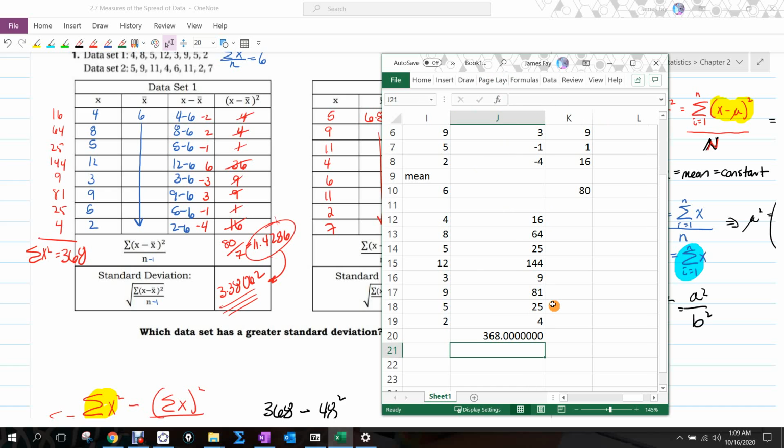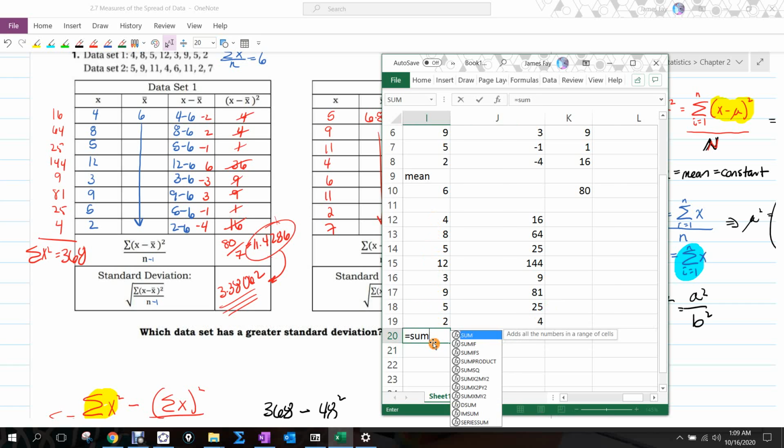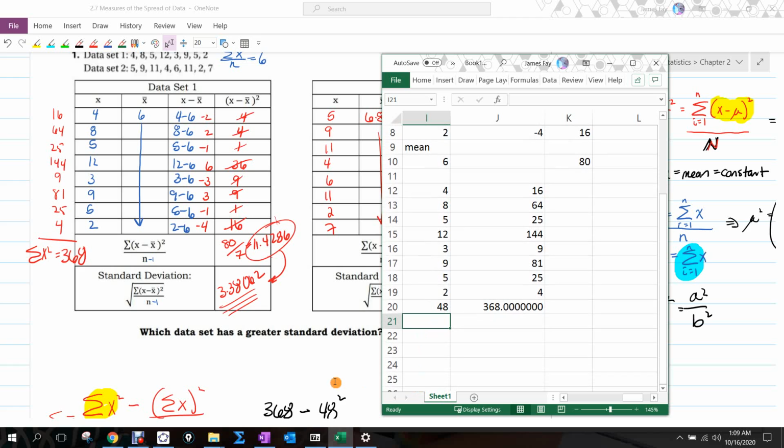Then my computer program can be taught to sum these, which were my original data values. So now I didn't have to do any subtraction.